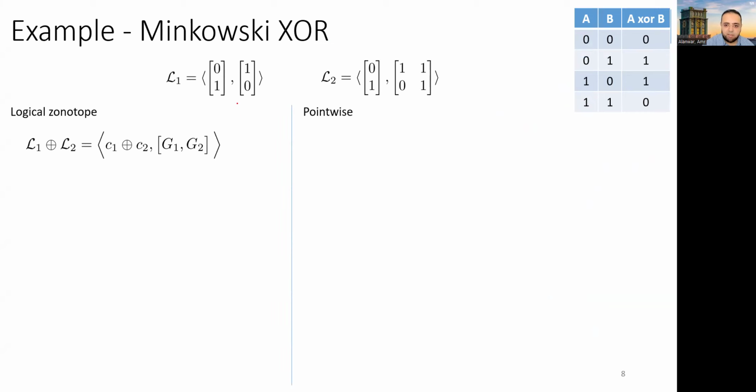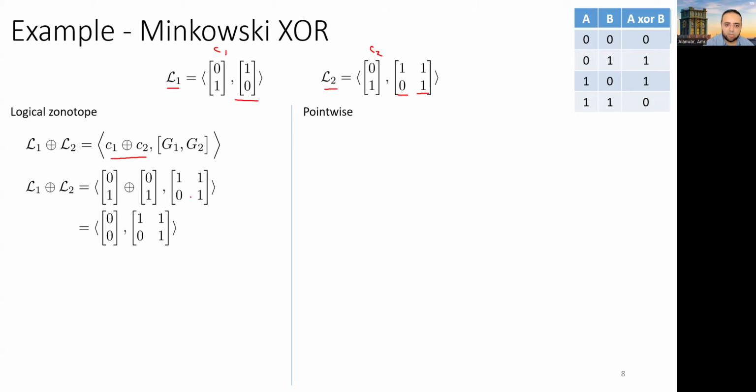Let's take an example. If we have here L1 and L2, and this is the first generator, and this is the first generator in the second zonotope, and the second generator in the second zonotope. If you would like to do Minkowski XOR, we just XOR the C's, where this is C1 and this is C2. So we will XOR the 2 C's and concatenate the generators.